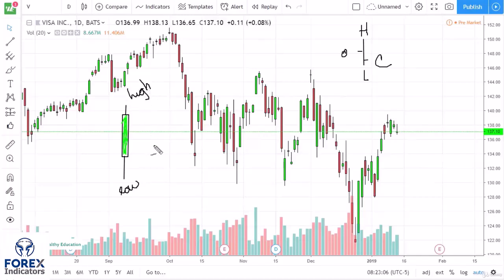That doesn't change. But what does change is this is the body of the candle. And this is the range in which the market opened and closed. This is your open, and that's your close. Now, how do we know which one's which? Well, you have to use a little bit of common sense here.